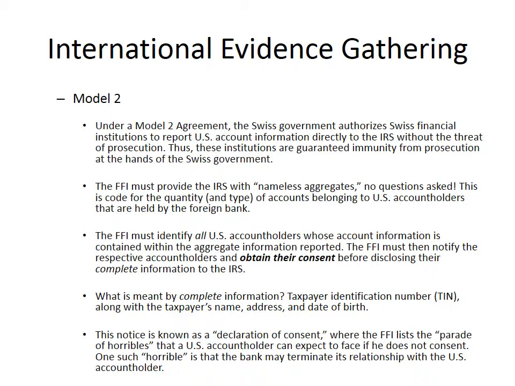And in that declaration of consent, the Swiss bank lists the parade of horribles that a U.S. account holder can expect to face if he doesn't consent. One such horrible is that the bank may terminate its relationship with the account holder.